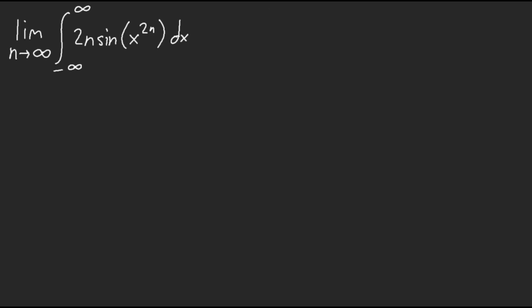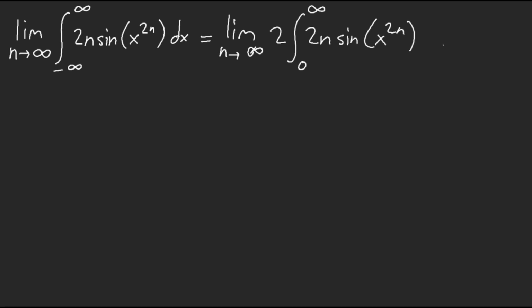Alright, so this is our last limit integral in this section. We notice that we have an even function, so let's go ahead and simplify that first. Using symmetry, we have this going from 0 to infinity, and now we have 2n sine of x to the power of 2n dx.